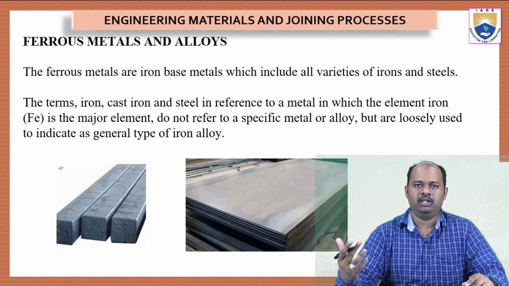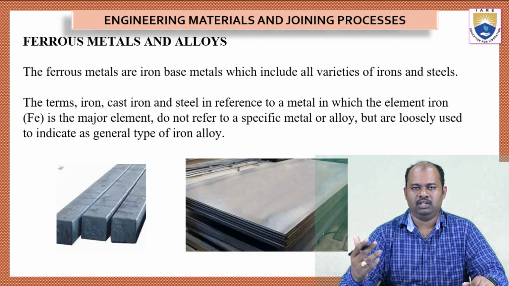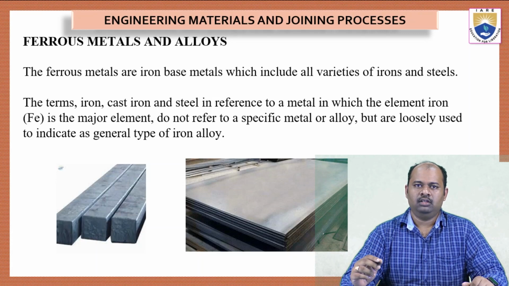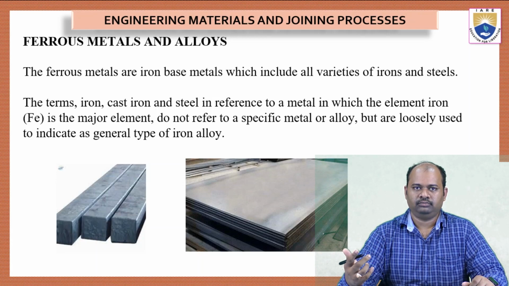They have a separate range of applications and are sometimes used in place of ferrous elements. Now, in this lecture, we are going to study the different ferrous metals and how these ferrous metals combine with other metals to form alloys.